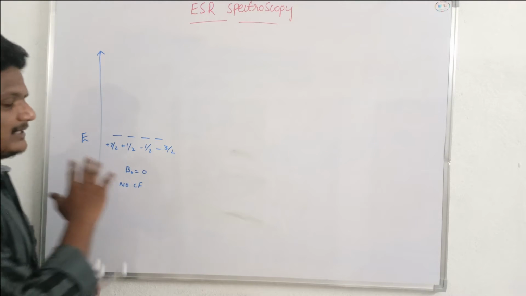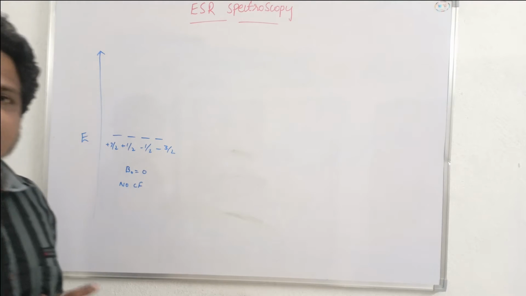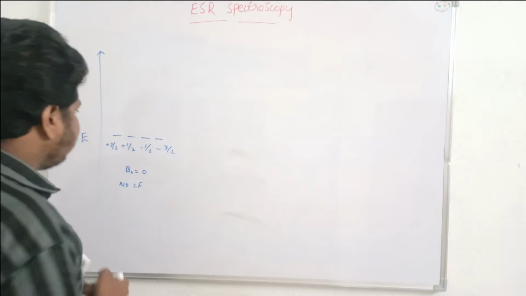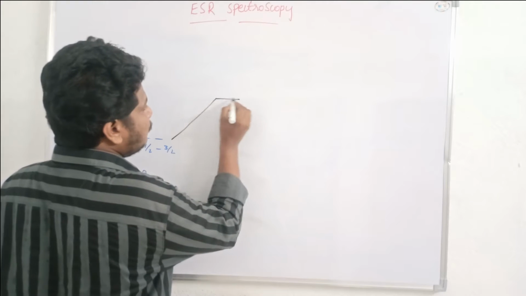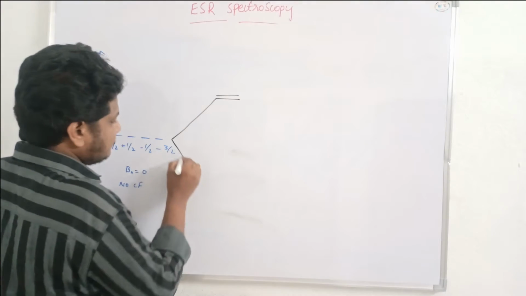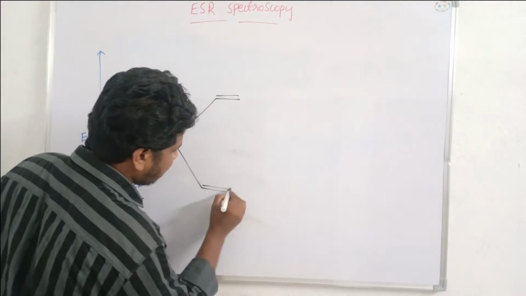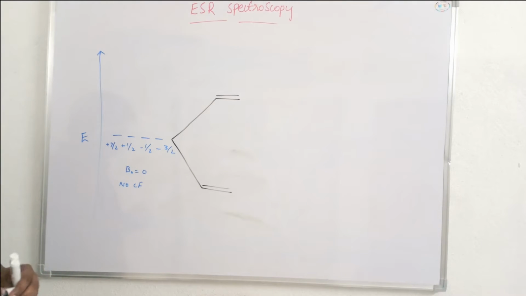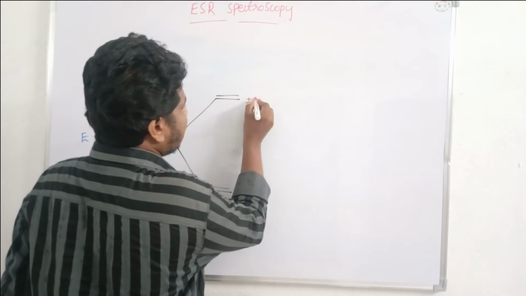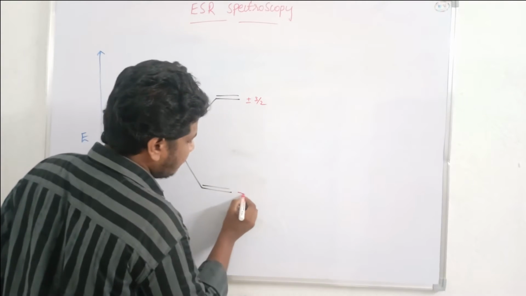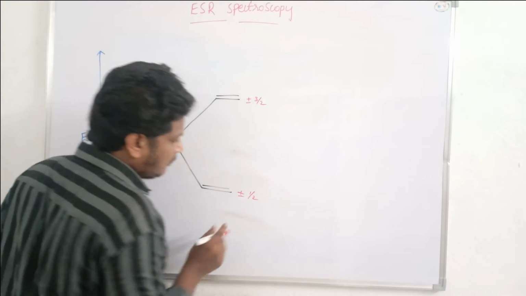Now, due to crystal field splitting, in the absence of an external magnetic field, these four energy states are split into two degenerate states. Here these are plus or minus 3/2 and plus or minus 1/2.